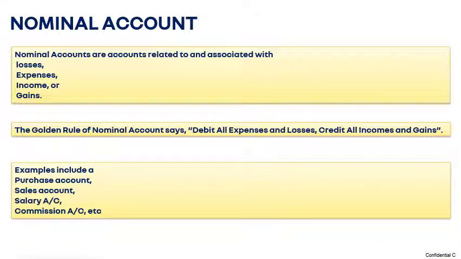The examples of nominal accounts are purchases, salary, wages, commission, dividend received, dividend paid, sales account, etc. So the moment I say nominal account, think of all expenses and losses, income and gains.